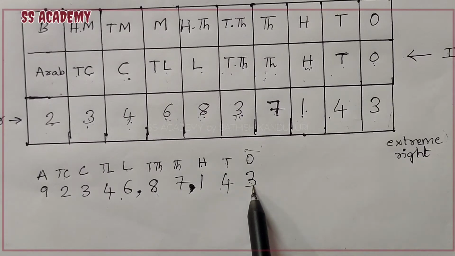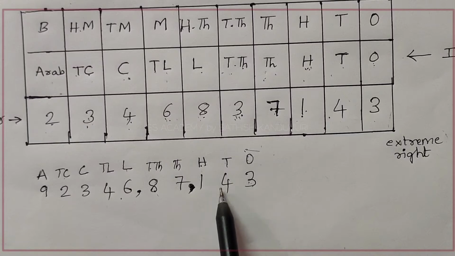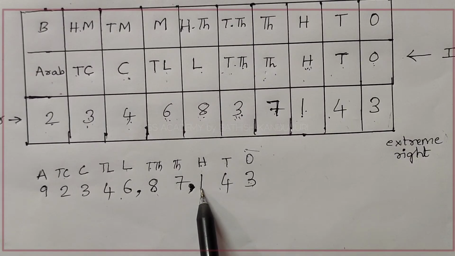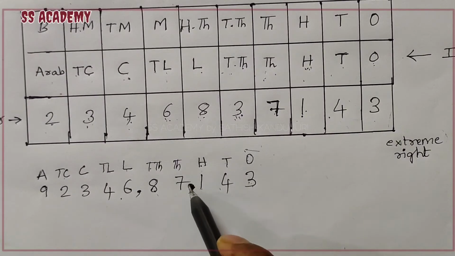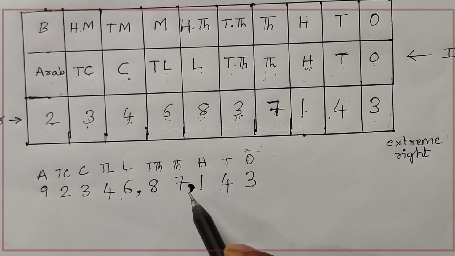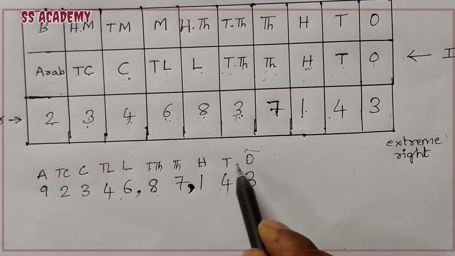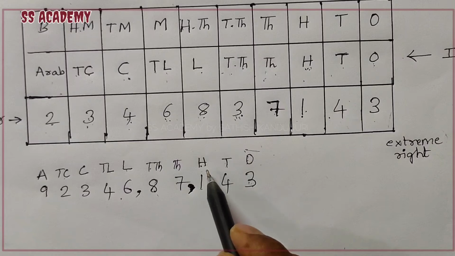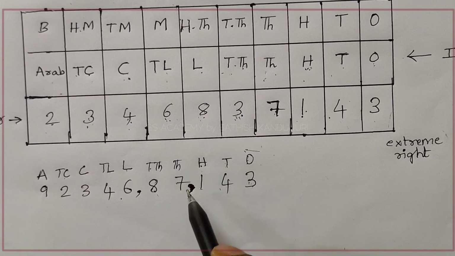After 3 digits, first digit, second, third digit, we use a comma as a separator. That means after ones, tens, hundreds, after completion of hundreds, we use a comma.